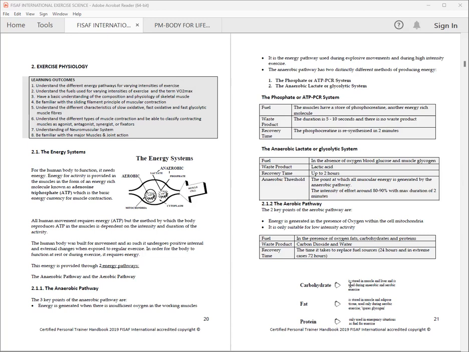These three are the most immediate form of fuel you have during exercise. It is not that you first take out the blood sugar, then the sugar from the muscle, and then the glycogen from the liver.